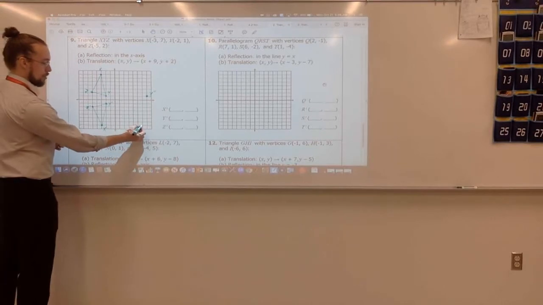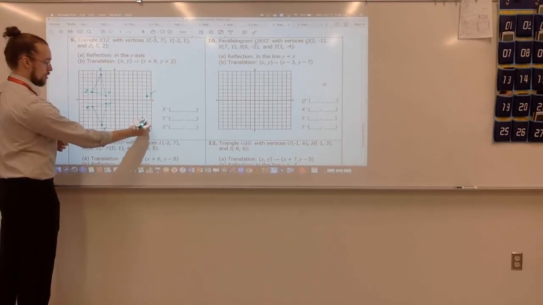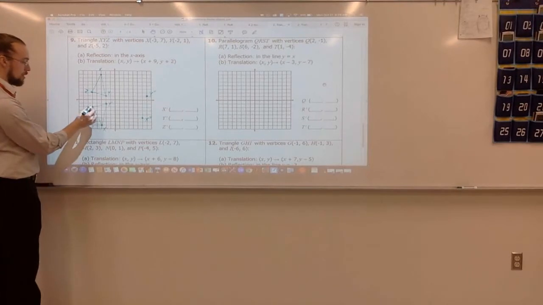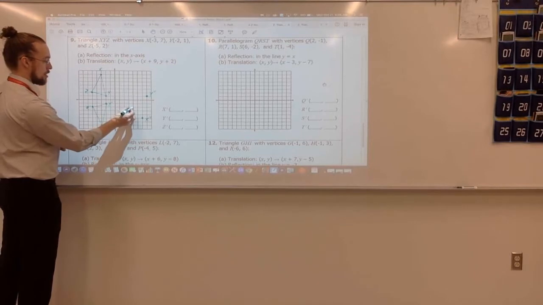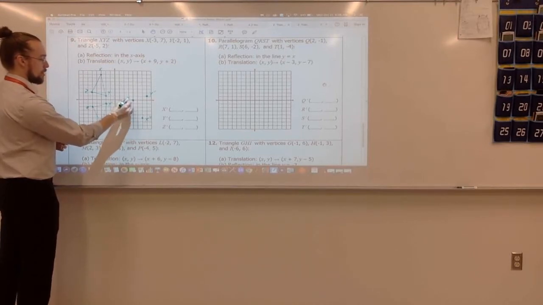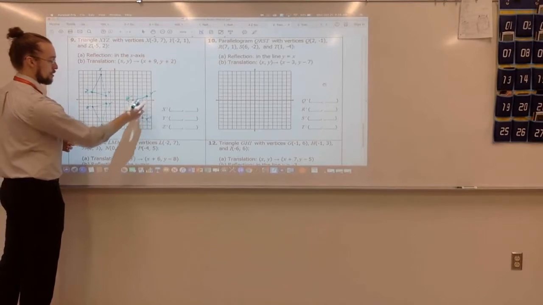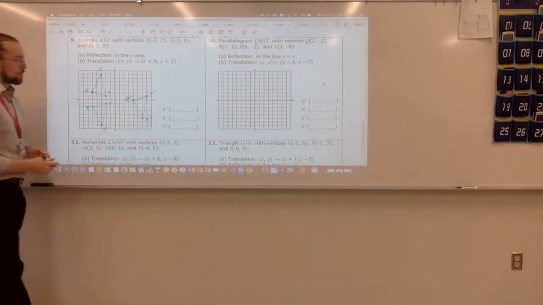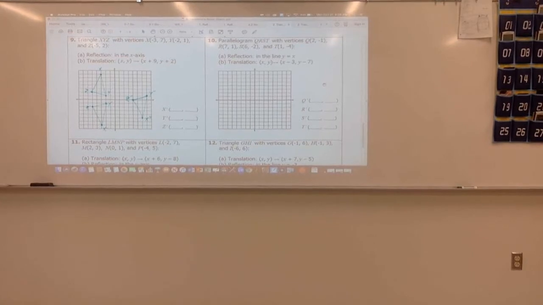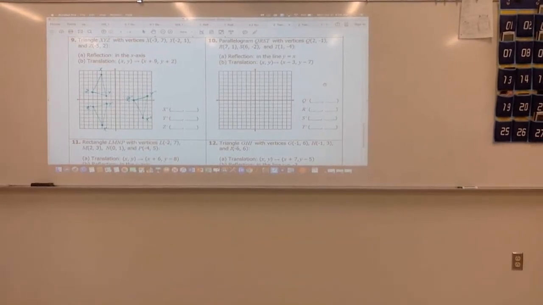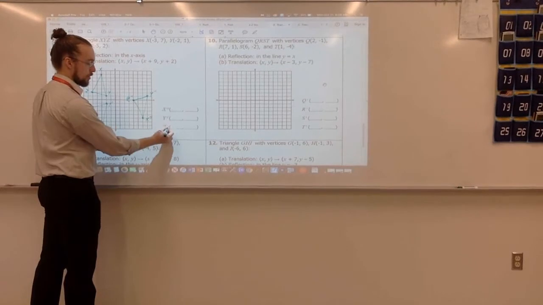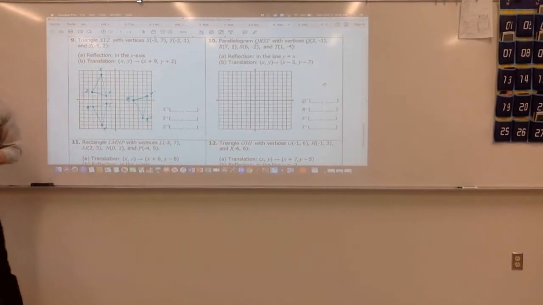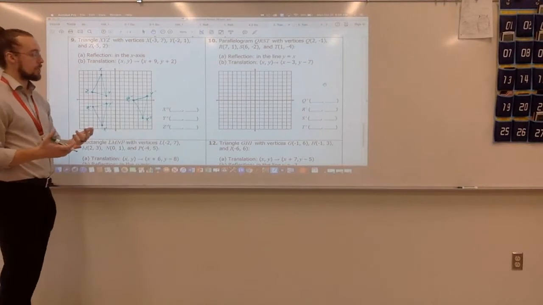So this is where my figure will end up, after a reflection across the x-axis and then a translation of right 9 up 2. So these actually should be double primes. So we want the final answer: x double prime, y double prime, z double prime.